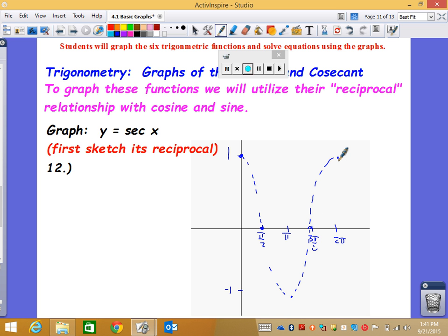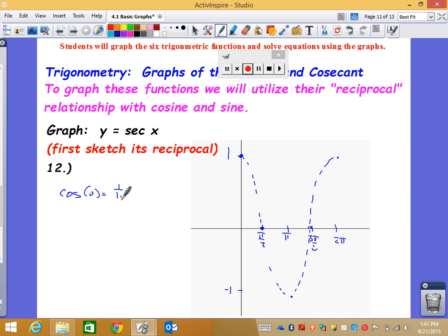So what we're going to do is take each of these points, and just like secant and cosecant are reciprocals, we're just going to take the reciprocal of each of these y values. So let's think about 1, right? The cosine of 0 is, well, we can think of it as 1 over 1, right?